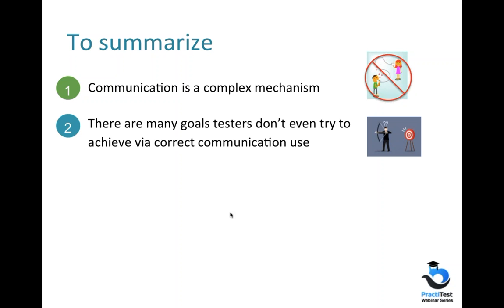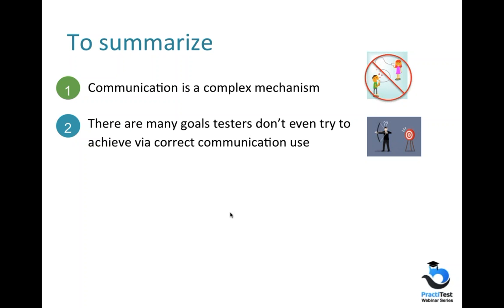Talking about goals, there are many goals that testers don't even try to achieve via correct communication. If I want to be perceived as a better tester, if I want to get more involvement in my product, if I want to be part of those meetings where they make the real decisions, it's always about communication.